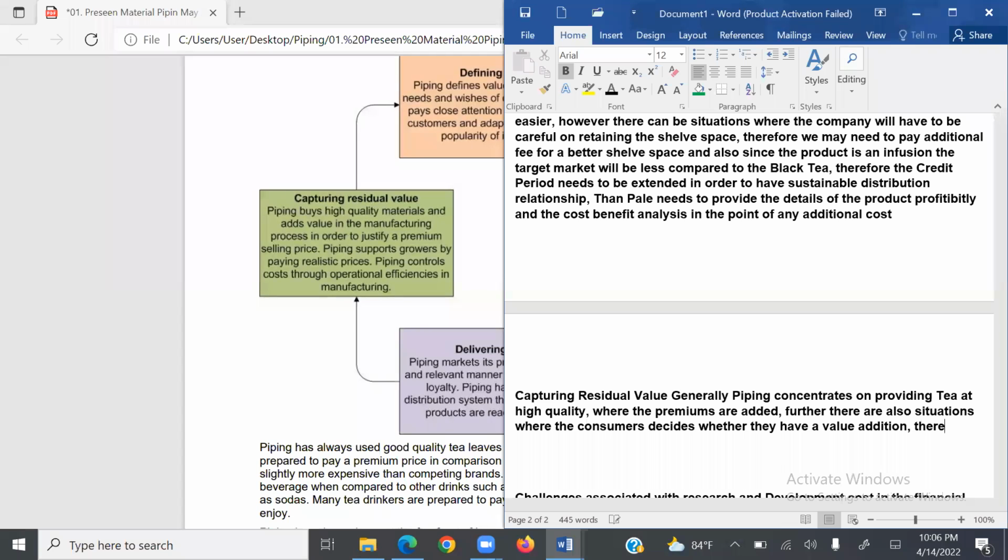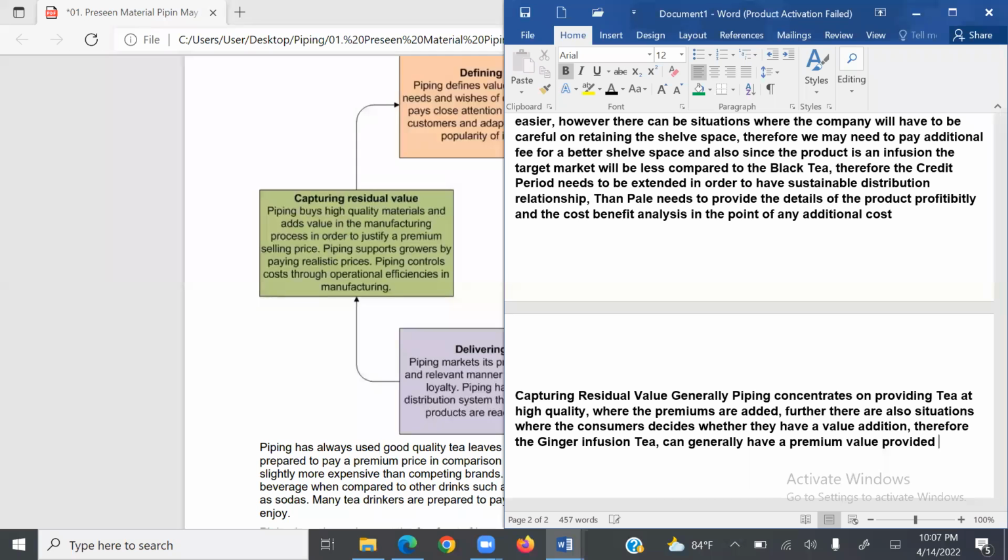So I'll write down here, therefore, the ginger infusion tea can generally have a premium value, provided the company has a high quality blending process, where the taste is at a superior standard. Get this understanding very, very well, students.